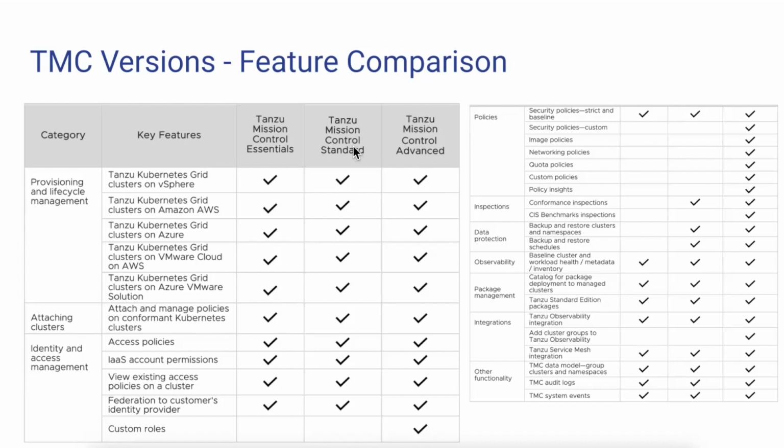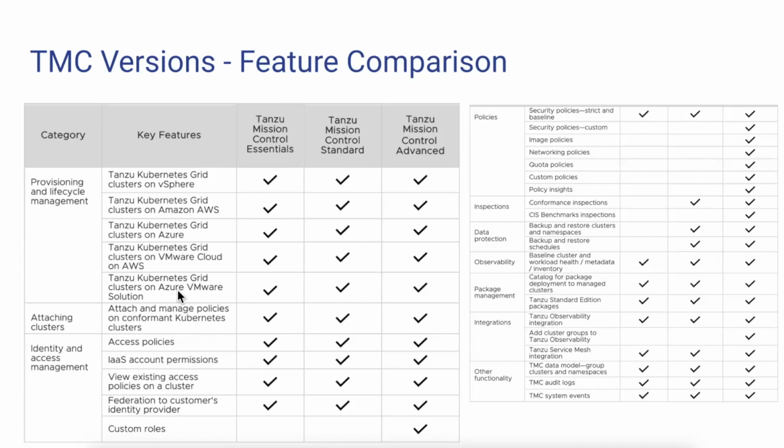When you subscribe to Tanzu Advanced, you get Tanzu Mission Control Advanced. Also, Tanzu Mission Control Advanced can be subscribed separately, right? But you cannot subscribe separately to Tanzu Mission Control Essential or Standard.